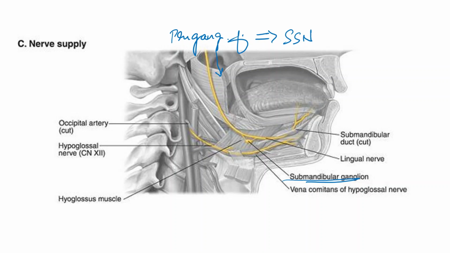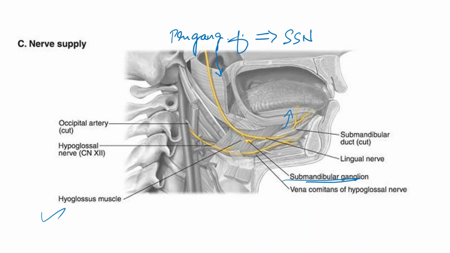So the relay station is the submandibular ganglion, which is seen in front of the hyoglossus muscle. The postganglionic fibers reach the glands via the lingual nerve. So this is about the secretomotor pathway.